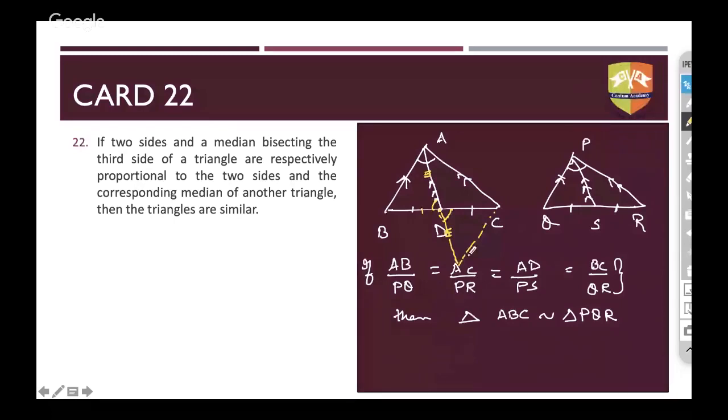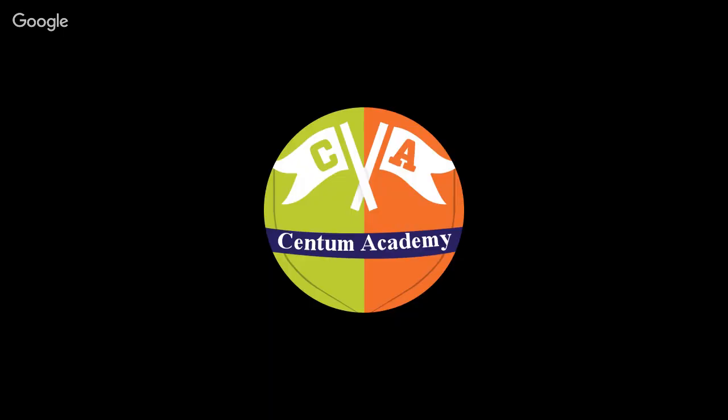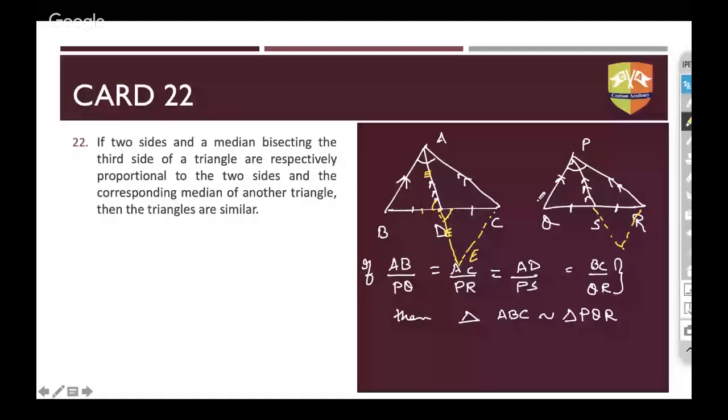That means AB and CE is what? So what will happen? Let's see, if I extend it, then similar. How does it help me? So AB by PQ is equal to AD by PS.